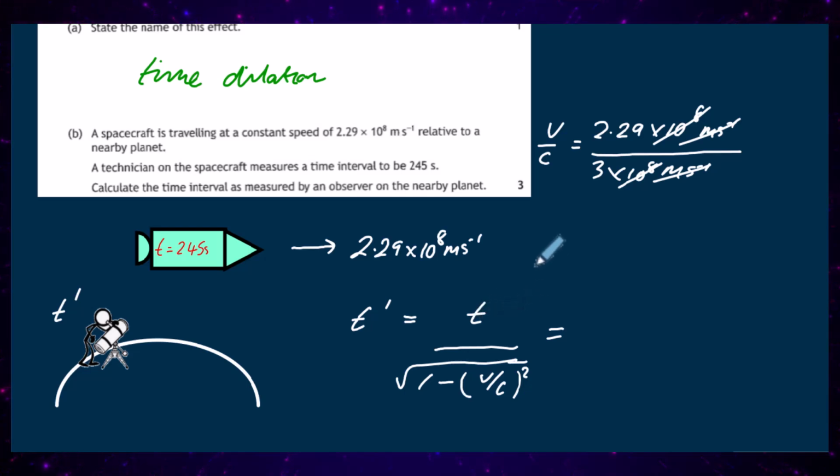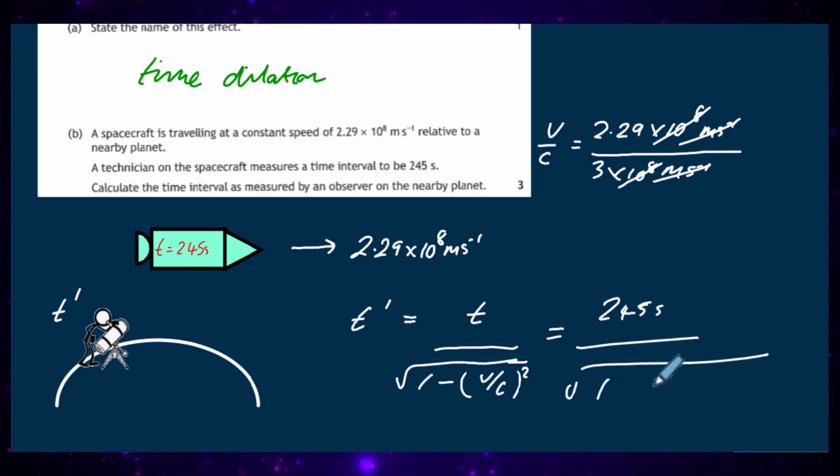t is the proper time measured in the spacecraft, 245 seconds. And we're dividing that by the square root of 1 minus, and it's going to be bracket, v upon c. We've now ascertained that to be 2.29 divided by 3.0, and it's going to be squared.